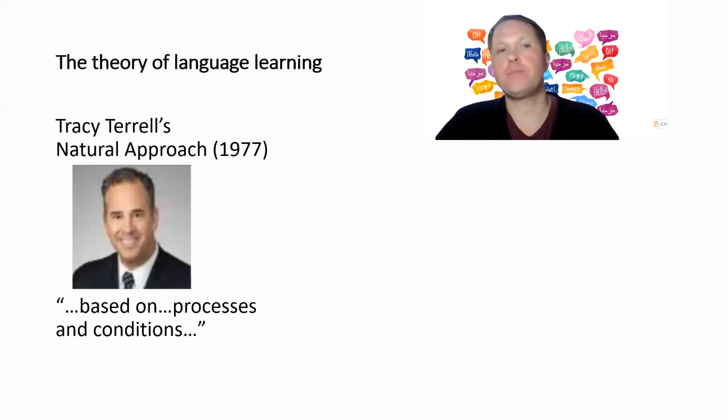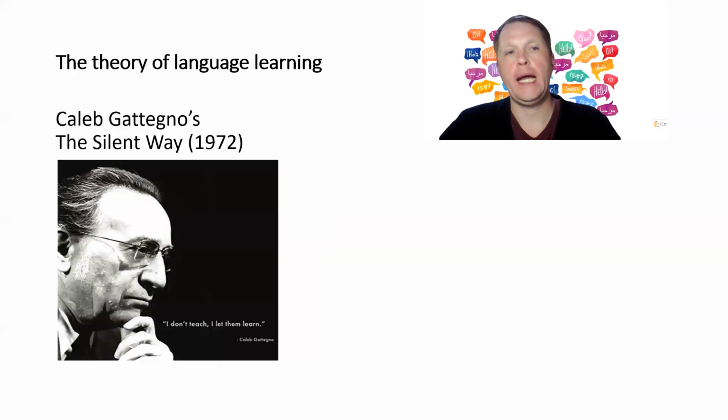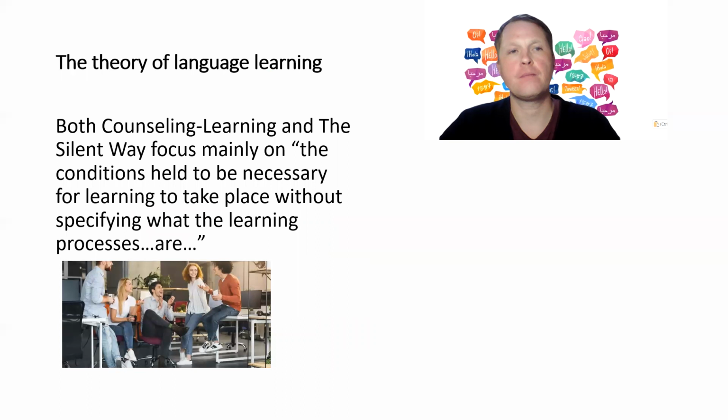And Terrell's natural approach was based on both processes and conditions. And then Curran's counseling learning and Gattegno's silent way focus mainly on the conditions held to be necessary for learning to take place without specifying what the processes are.